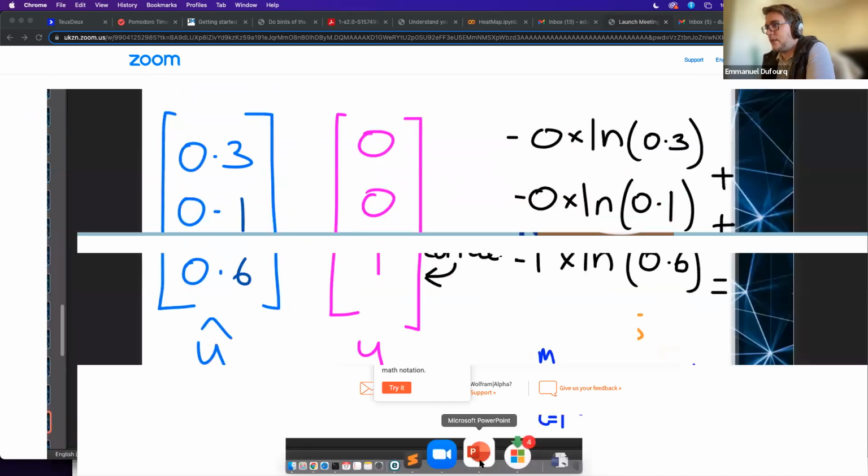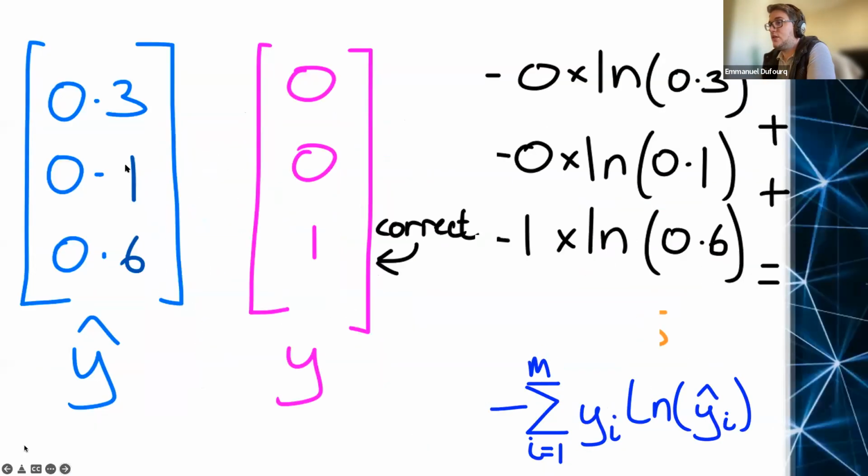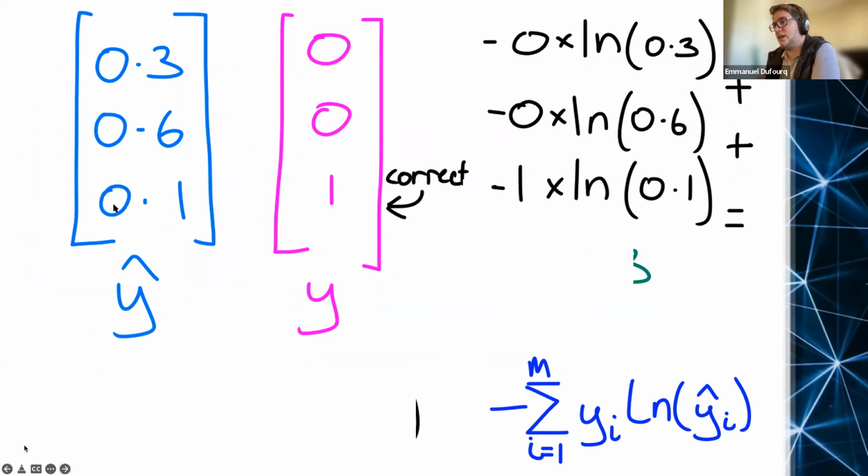So now we can see that when the model produces a larger value for the correct class, we get a smaller loss. And our problem is a minimization problem. Can you see that when the softmax produces a larger value in the correct position, the loss is small, but when the model produces a small probability for the correct class, the loss is high?